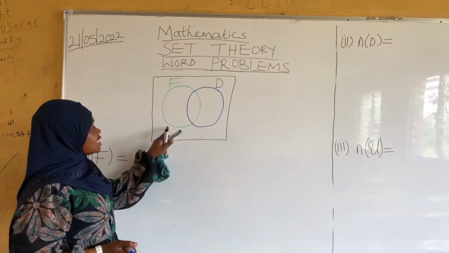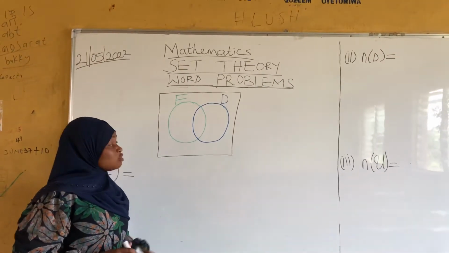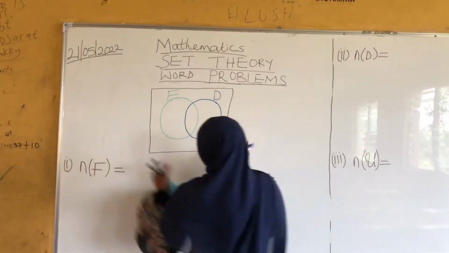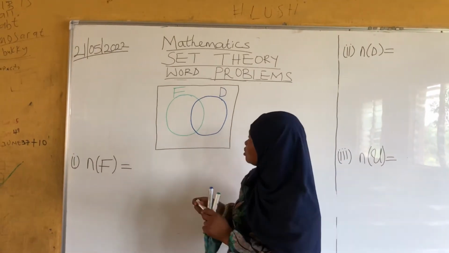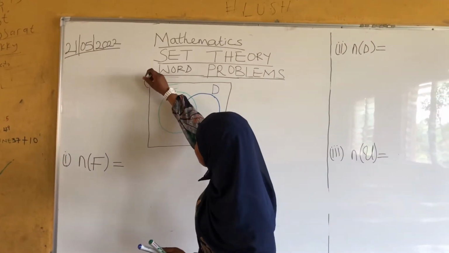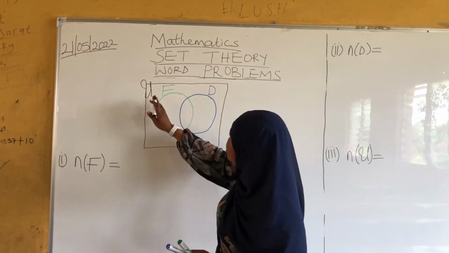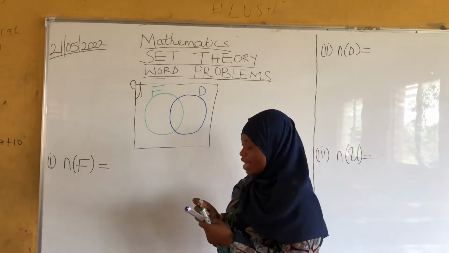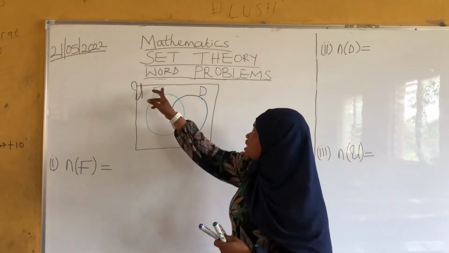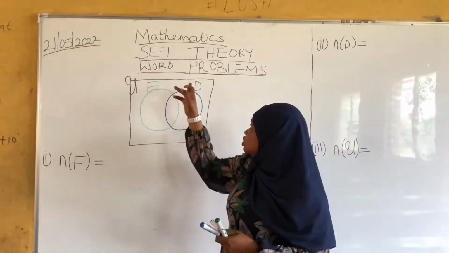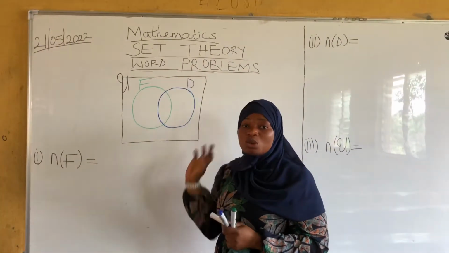Now, the next thing that we have to do is to represent it in a Venn diagram. Everything inside the rectangular shape will be for the universal set. We have used F to represent Fuji music, and D to represent disco music.